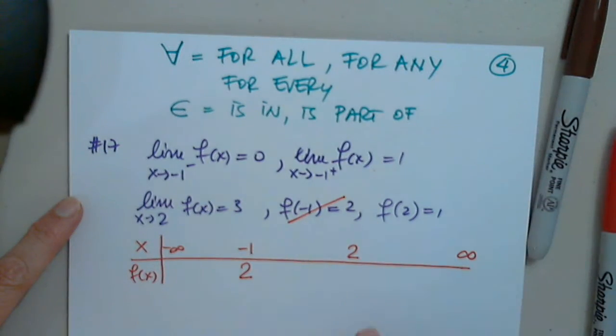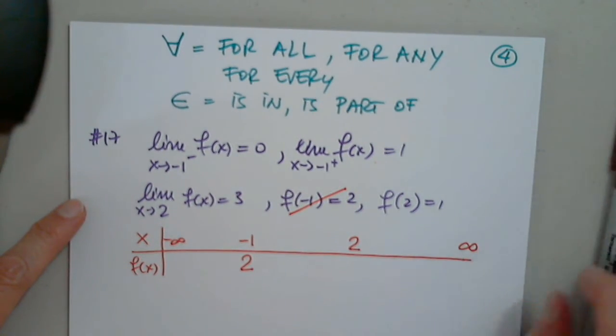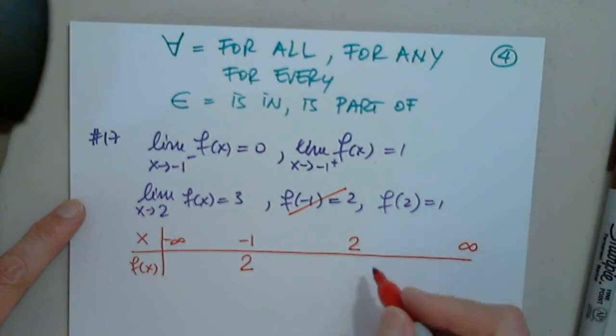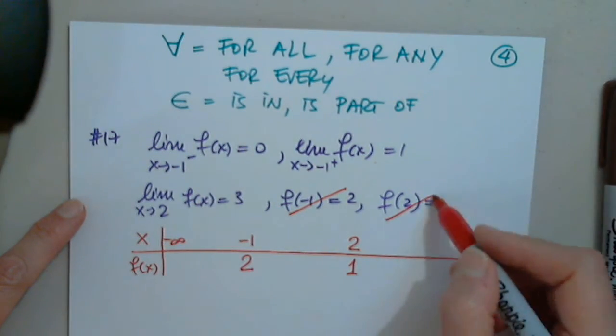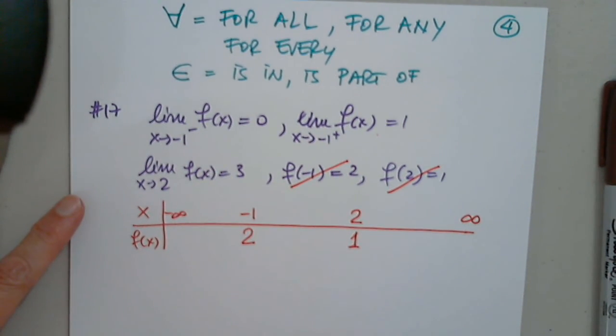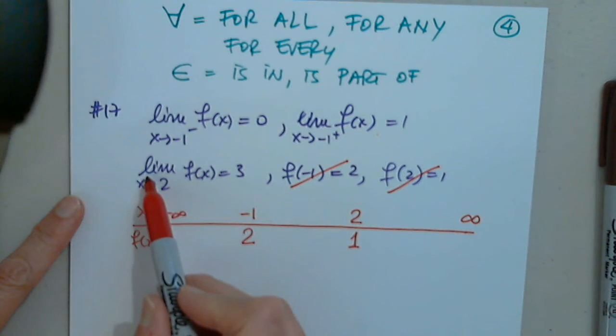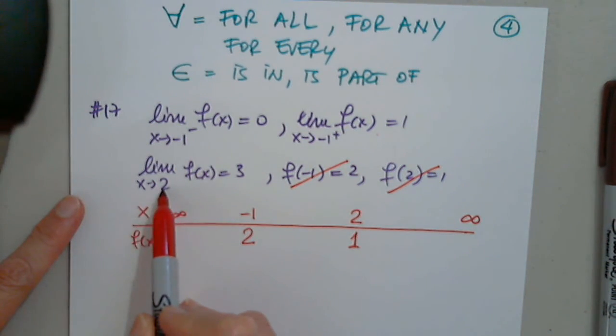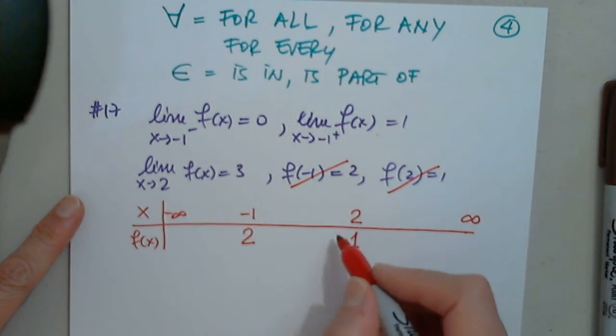So this is, don't erase anything, I'm just making a point. This is taken care of. f of 2 is 1. This is very clear. That is done. Then it says the limit of f of x as x approaches 2 from either side is 3.